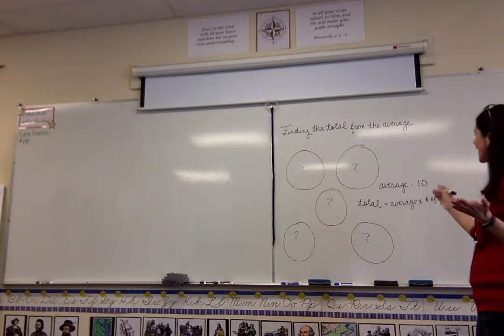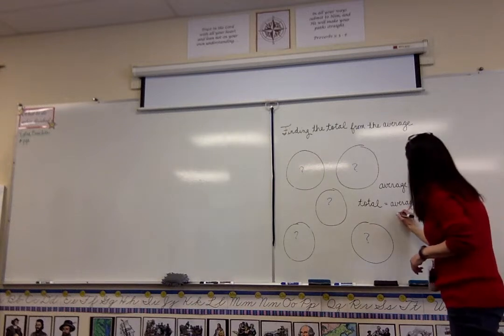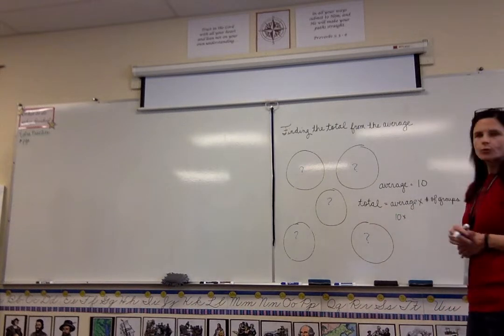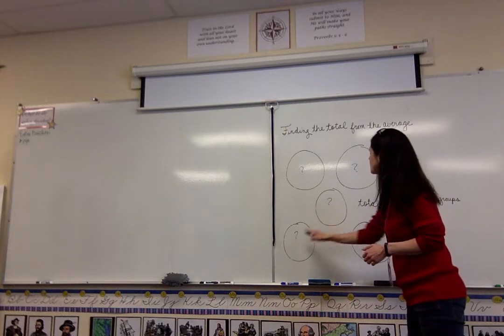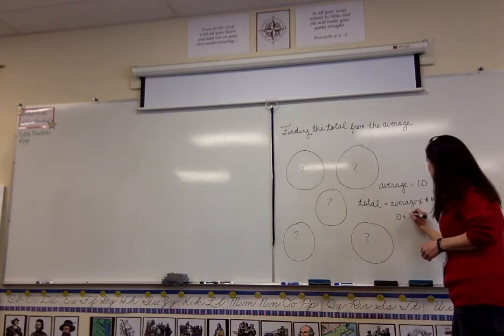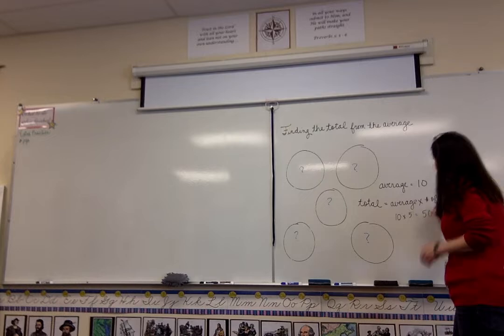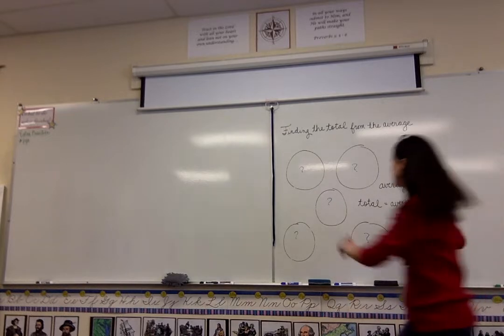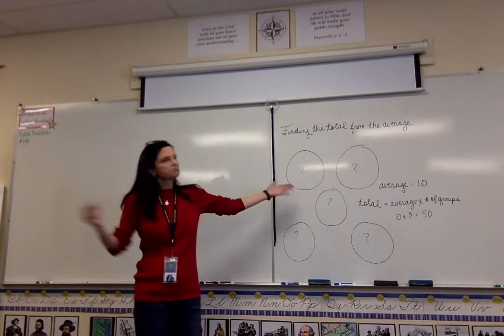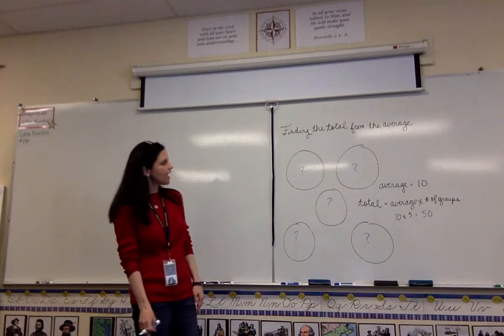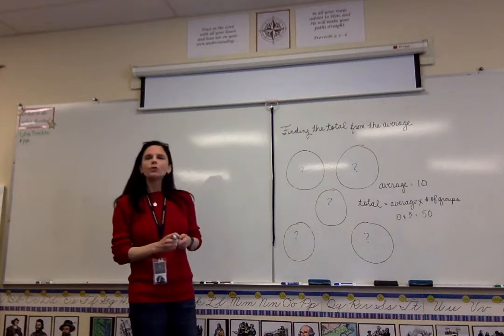My average is 10 and the number of groups I have is 1, 2, 3, 4, 5. So 10 times 5 is 50. That's the total number of beans that I have here. That's as simple as that. That's how you calculate total when you're given the average.